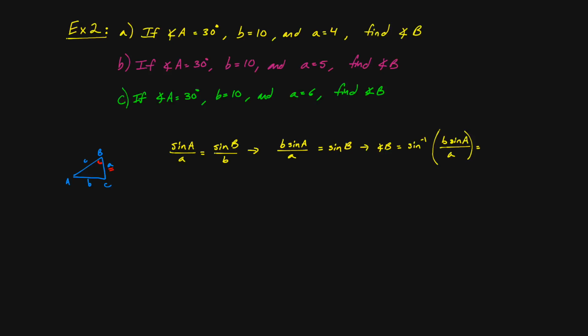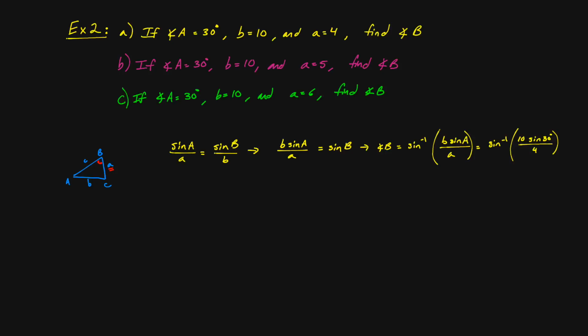That's going to be equal to sine inverse of, in this case, b is 10 times sine of 30 over, in this case, a is 4.